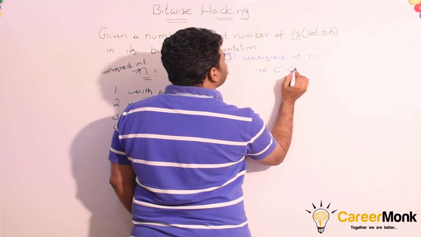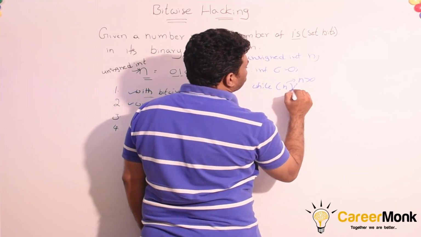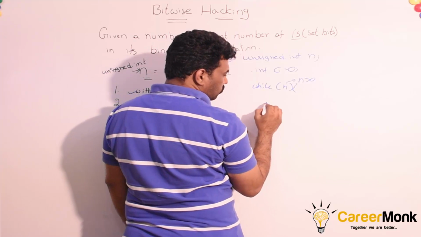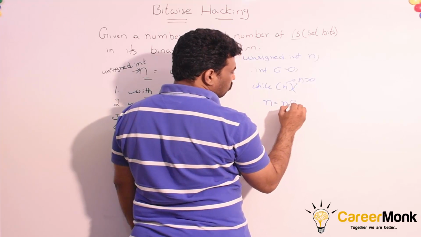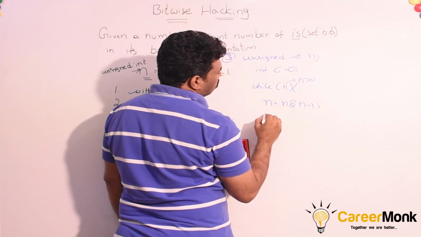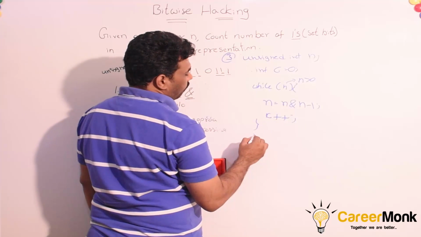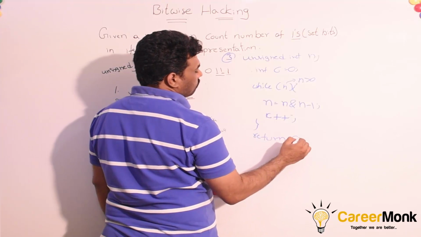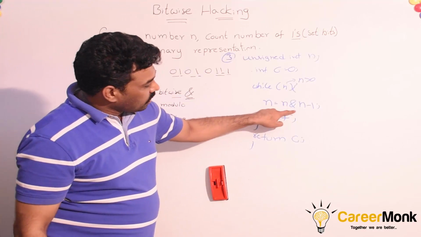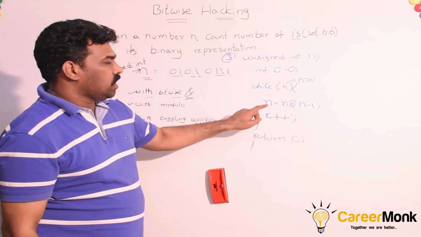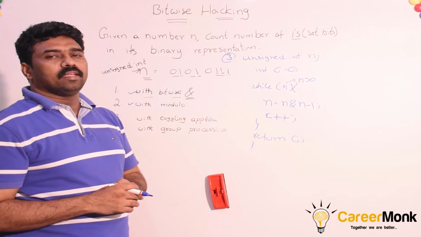Another counter, again while n greater than 0. This is the simplest code of all. Blindly we are applying the operation n and n minus 1 and assigning it to n in each iteration and incrementing the counter every iteration.